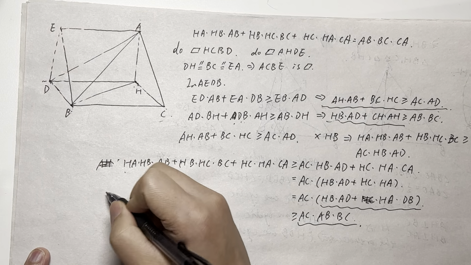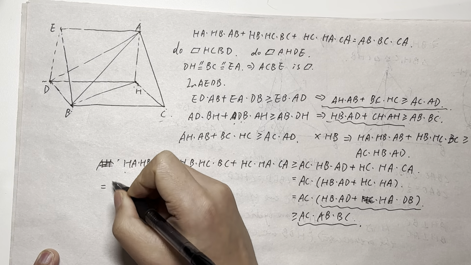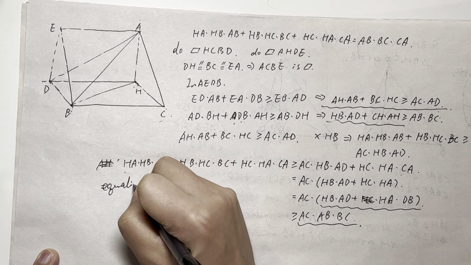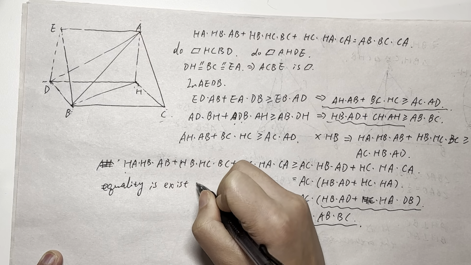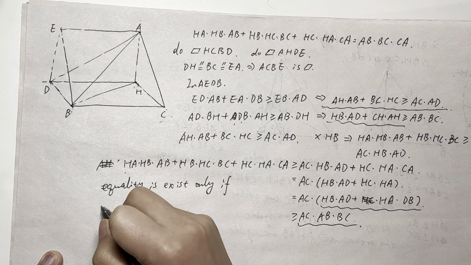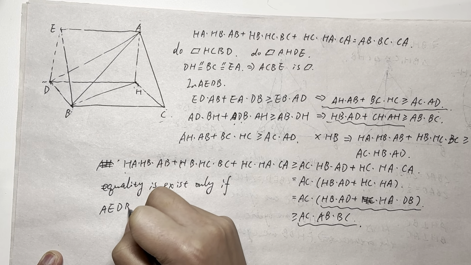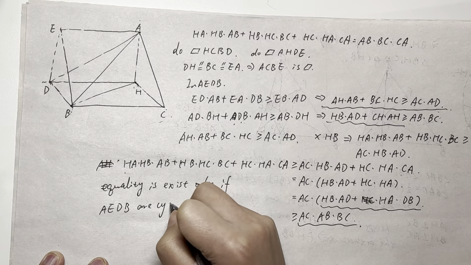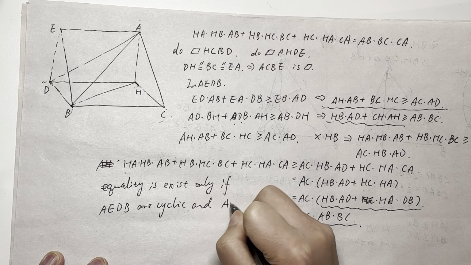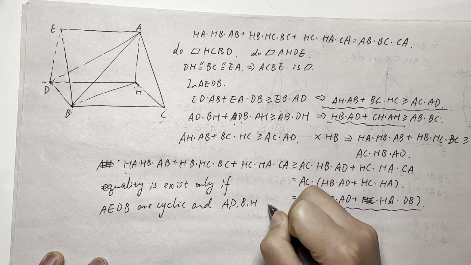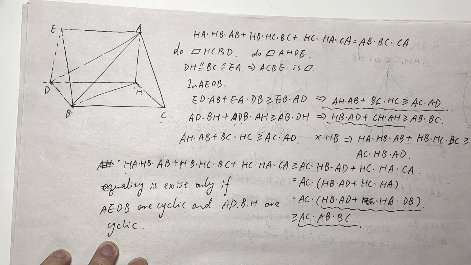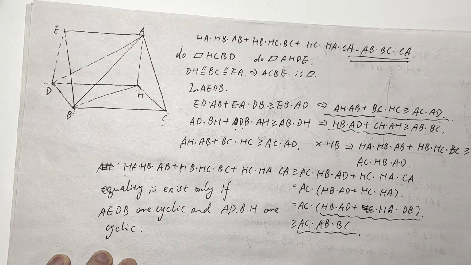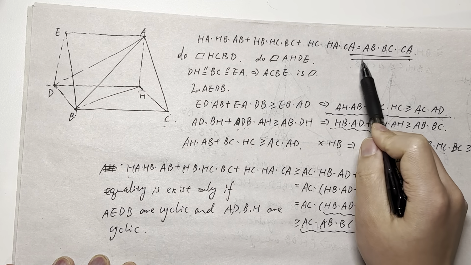So equality exists only if A, E, D, B are cyclic and A, D, B, H are cyclic, right? If they're cyclic, then we can have this equation here. That means we already confirmed that this is valid, right?